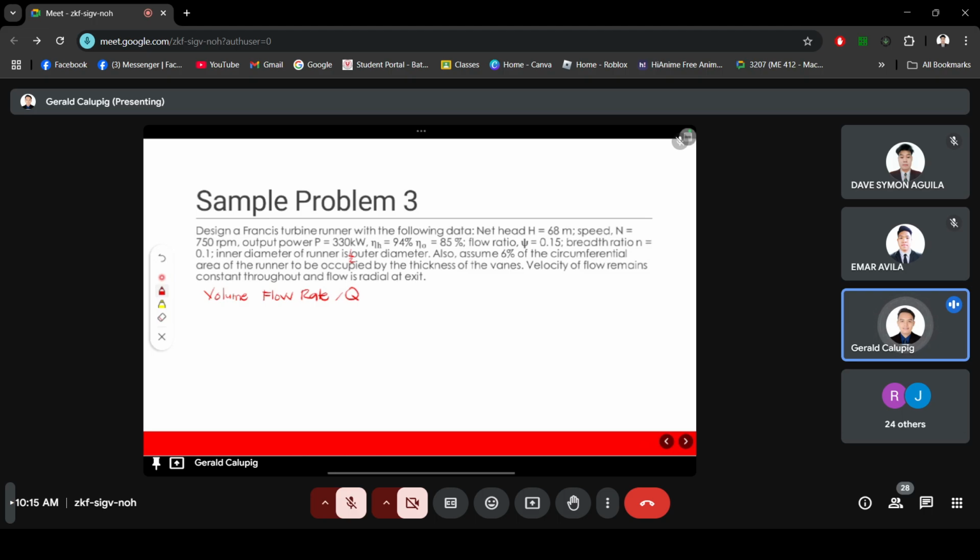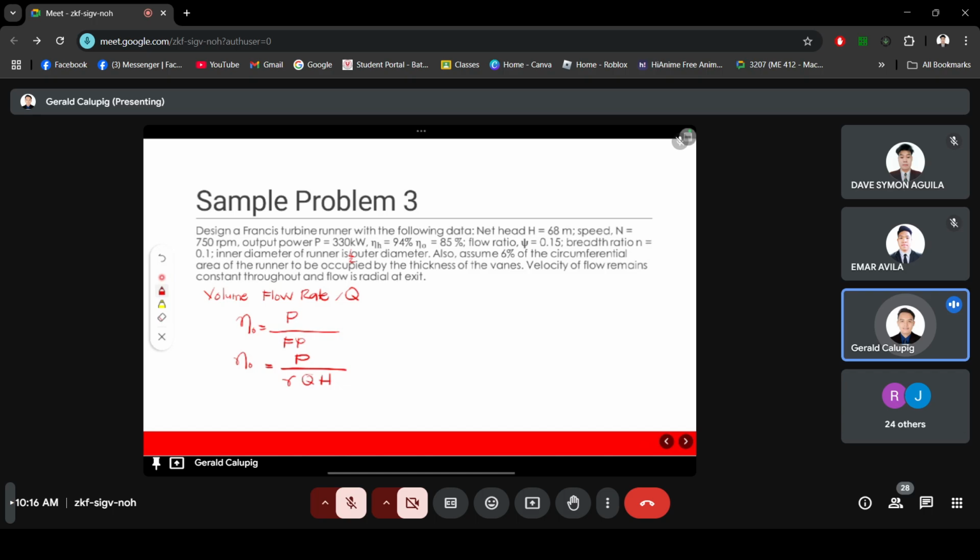Overall efficiency is equal to the power output over the fluid power or the hydraulic power, which is the formula of ηo is equal to P over the fluid power. Or we can have ηo is equal to P over specific weight times Q times the head.